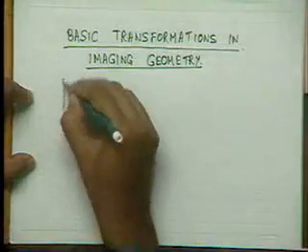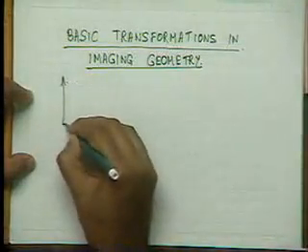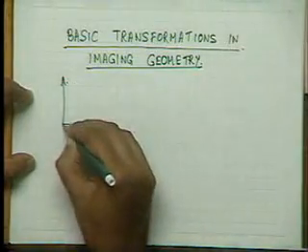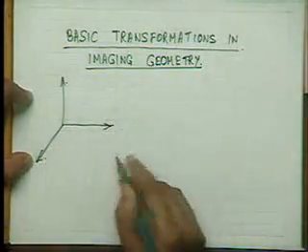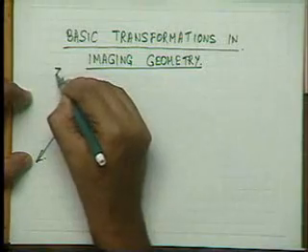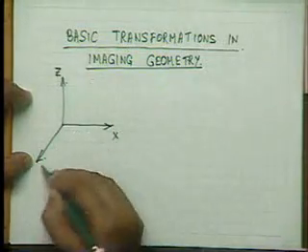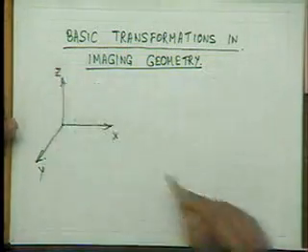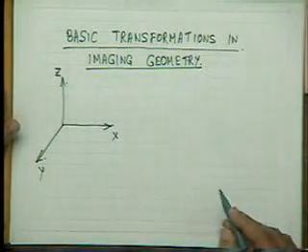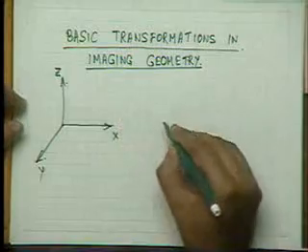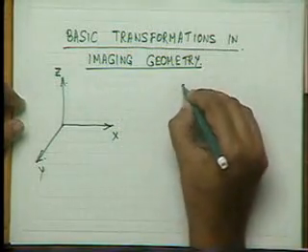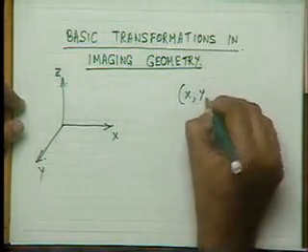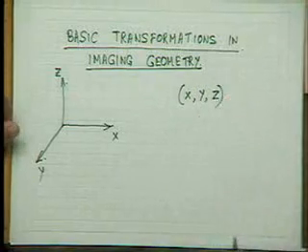Now, let us consider a three-dimensional coordinate system. A three-dimensional x, y, z coordinate system which we have taken, and let us say that a point coordinate is denoted by x, y, z.